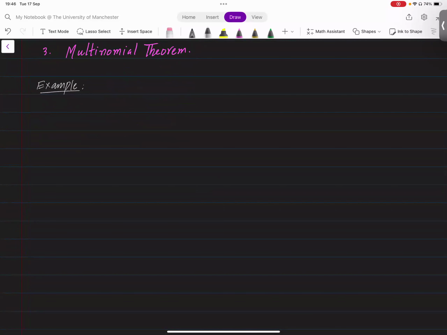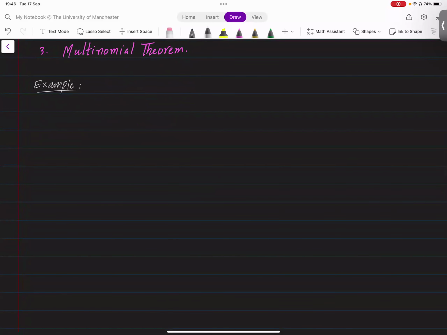So the example says a security system uses passwords consisting of two letters followed by two digits.